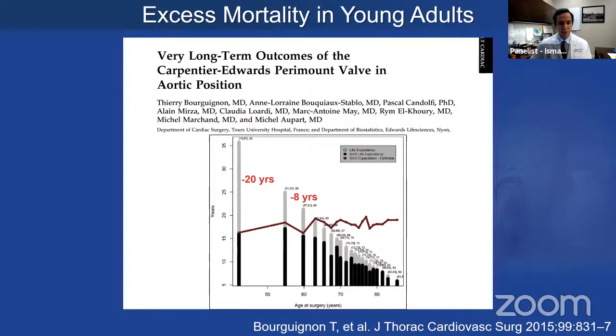And you can see that over the age of 70, patients had a survival that was almost identical to the expected survival in the population. But the younger the patients were, the bigger the gap became between observed and expected survival in these patients. Again, exactly like that Swedish study I showed you, and similar to the Cleveland Clinic data.